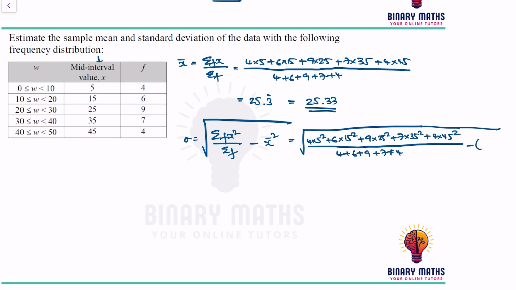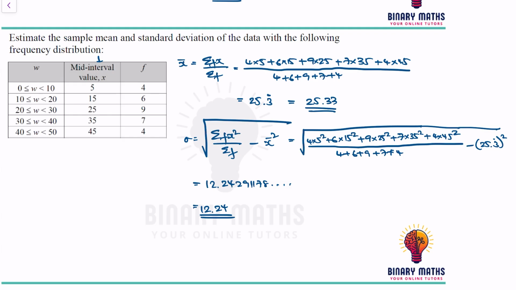Take away the mean, which was 25.3 recurring, all squared. And in the calculator, we end up getting 12.24291178, which is equal to 12.24 to 2 decimal places.